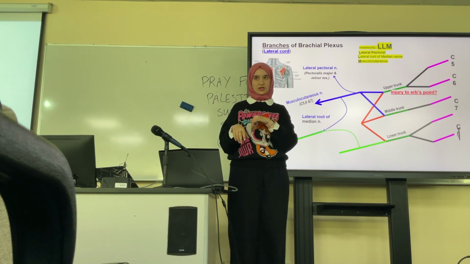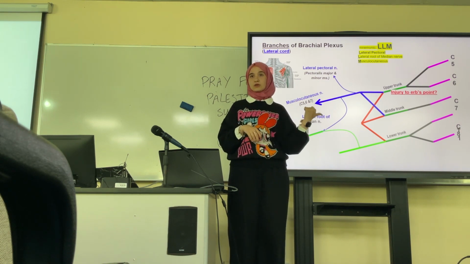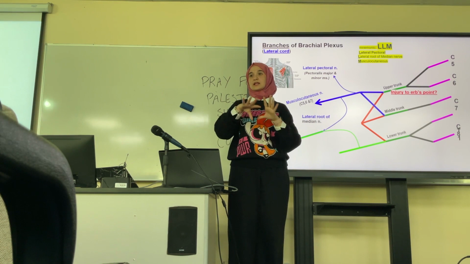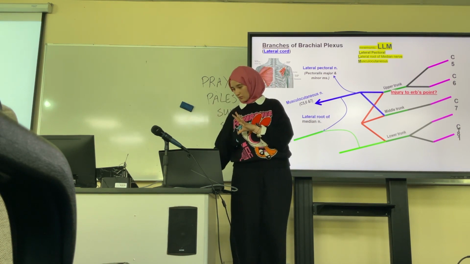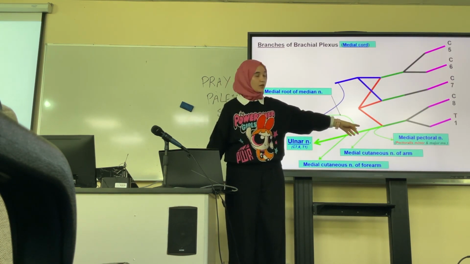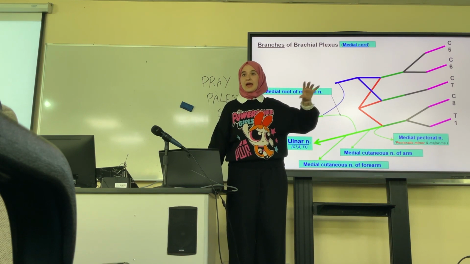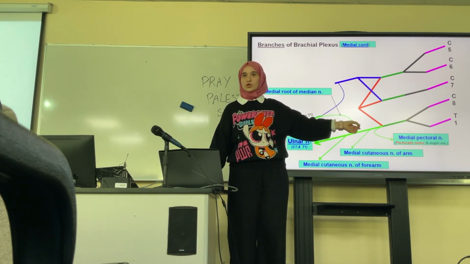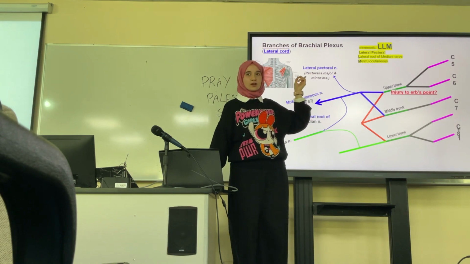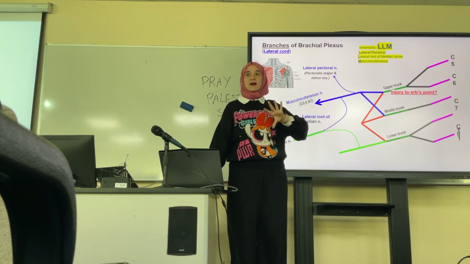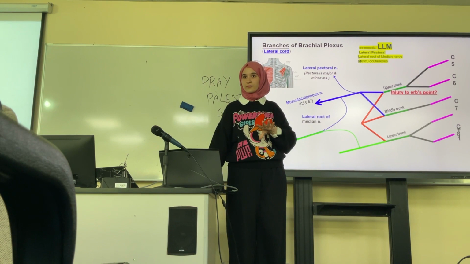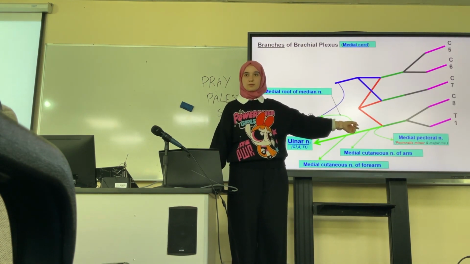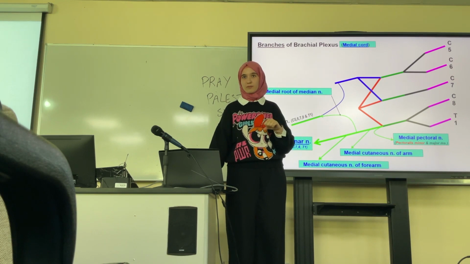The pectoralis minor is mainly supplied by the medial pectoral. So basically, an injury to the lateral pectoral is going to impact the major more than the minor. And the same thing goes for the medial pectoral. The medial is going to impact the minor more than the major.